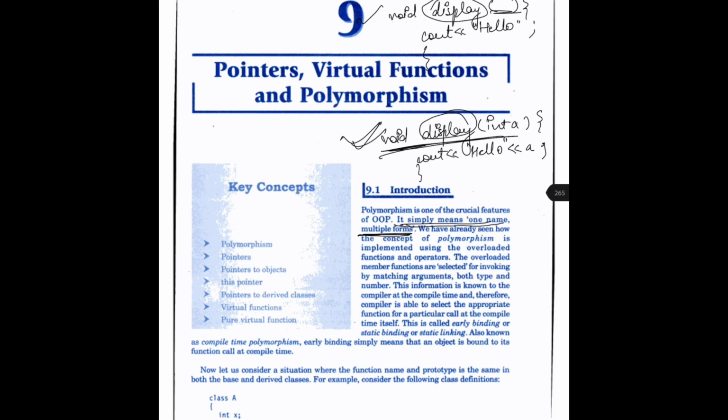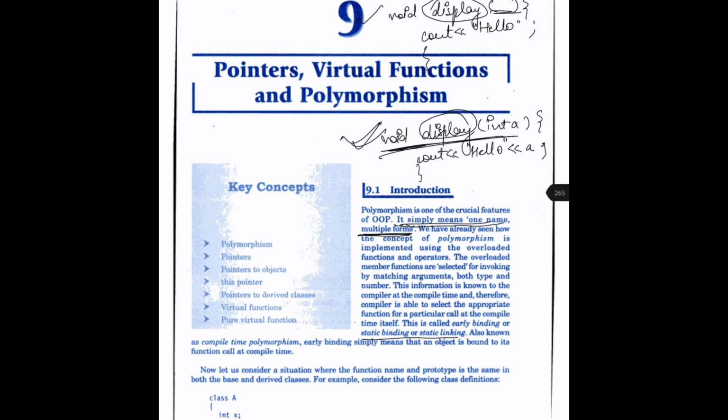So this type of polymorphism is known as compile time polymorphism, static binding or static linking. What it means is that at the compile time, the compiler knows which function to call at which function call.